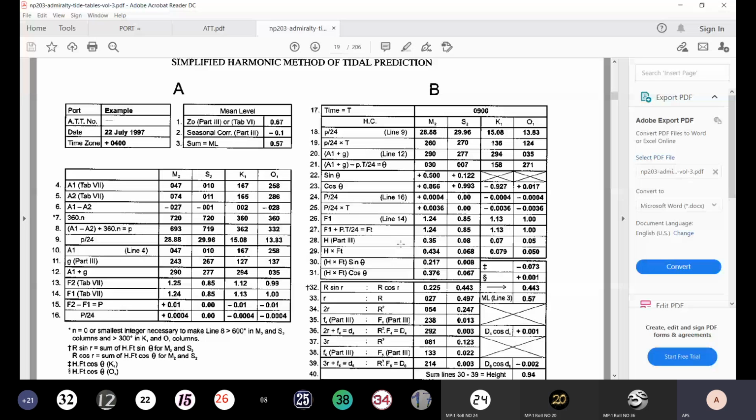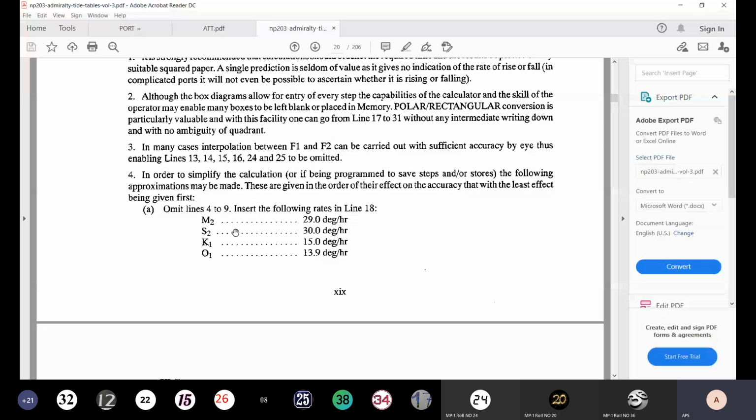The number may be different because the year is different. So this will be seen on the left side. On the right side, you will see data like this. And at the bottom, can you see this M2, S2, K1, O1, 29, 30, 15, 13.9?